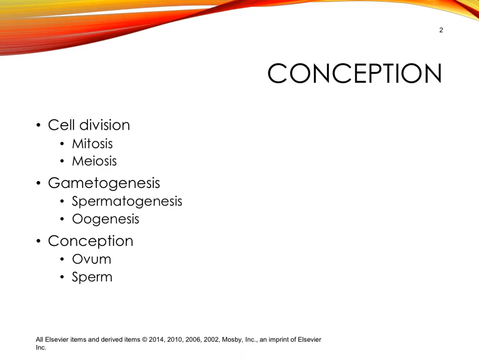The other thing we're going to talk about is spermatogenesis. This is where the male reaches puberty and the testes begin to kick into play and become productive as far as reproduction. Then you have oogenesis, which is the egg or the ovum.